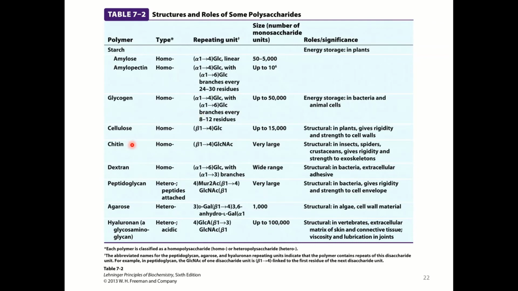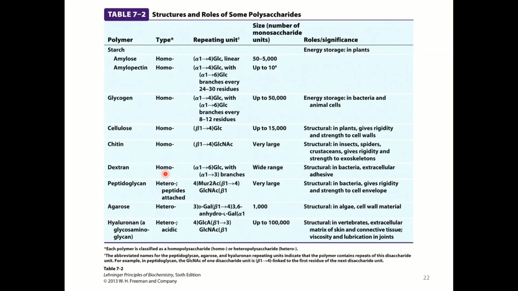Okay, cellulose, that is another polysaccharide with glucose, a homopolysaccharide made up of only glucose, but now the linkages are beta 1 to 4. Because of that, it's a structural, very rigid polysaccharide. Okay, chitin is very similar, beta 1 to 4 linkages, but now instead of glucose, it's a glucose with an N-acetyl group on it.